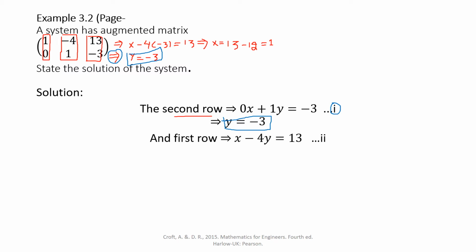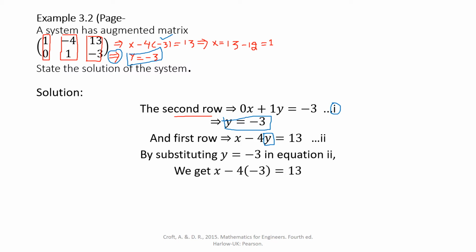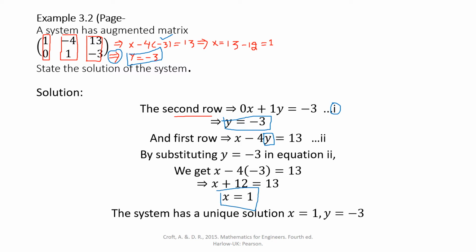Now we will plug in this value in the first row, and this is the first row. So if we put in this y value, this will be the situation. Then the x value, or the first equation, will become this way, then it becomes 12 as I explained earlier, and this is the x value. So it has a unique solution, x equals 1, y equals minus 3.